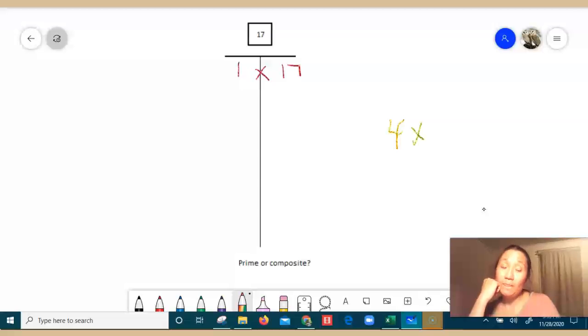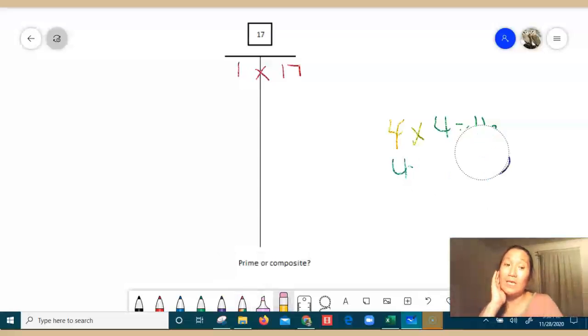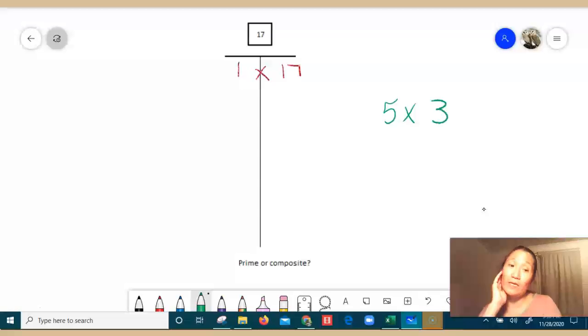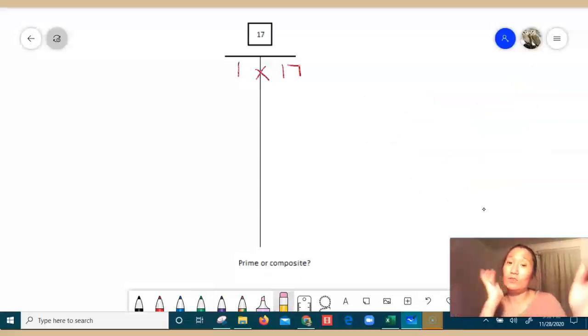I'm going to go smaller. 4 times 4 equals 16. 4 times 5 equals 20. 4 doesn't work either because it skips. 5 times 3 equals 15, which gets me close. 5 times 4 equals 20. Nope, that skips. And besides, 5s never end with a 7. So 5 would never work ever. You could just do that without even skip counting.